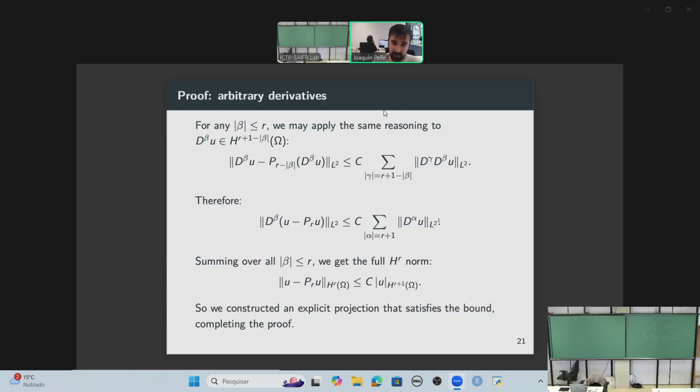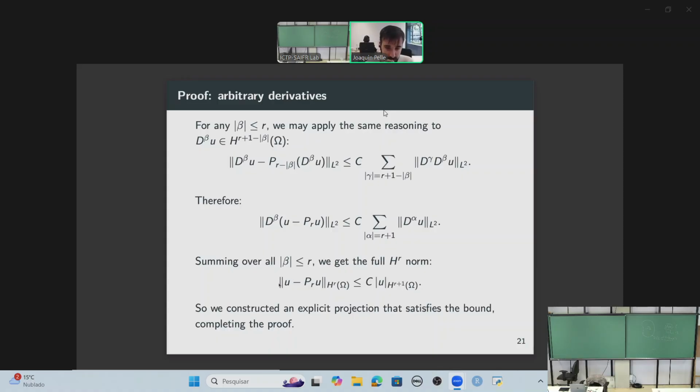So if we sum everything together, on one side we get the Sobolev norm of order r, and on the other side we just get basically the semi-norm. So some kind of constant times the semi-norm, which was, if you remember, just considering the derivatives of highest order here, the semi-norm of order r plus 1.